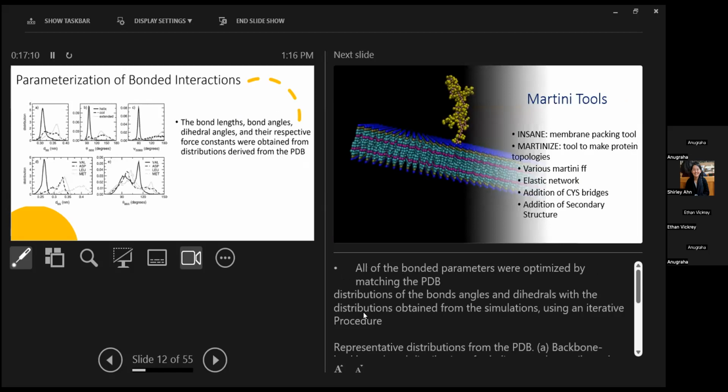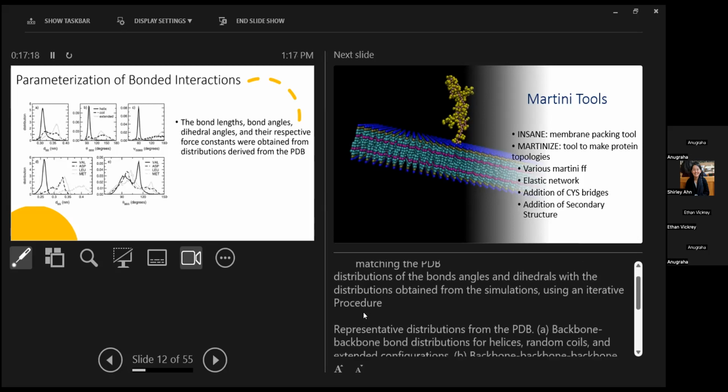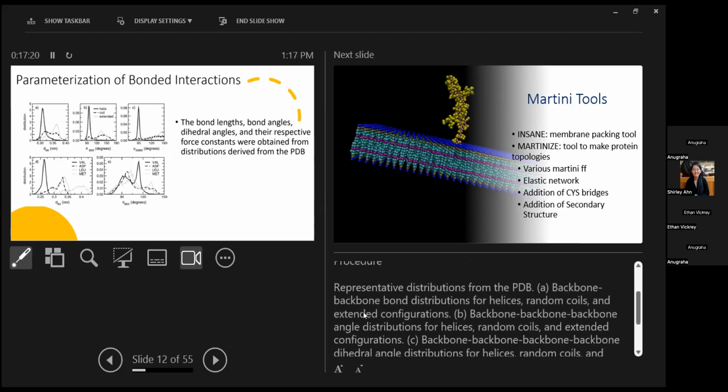So all of the bonded parameters are optimized based on the PDB distributions of bonds, angles, and dihedrals. I think they consider around 2000 PDB proteins to measure the bond lengths and the bond angles. If you can see this distribution here, helix is represented in solid, coil is represented in dashed, and the gray color, I think, is represented in the extended form.